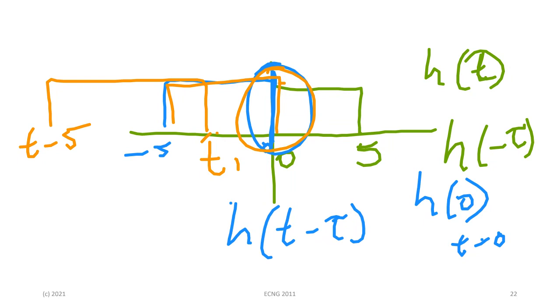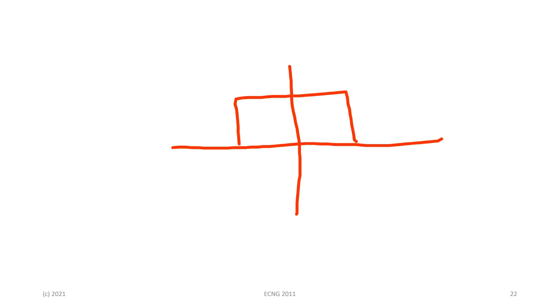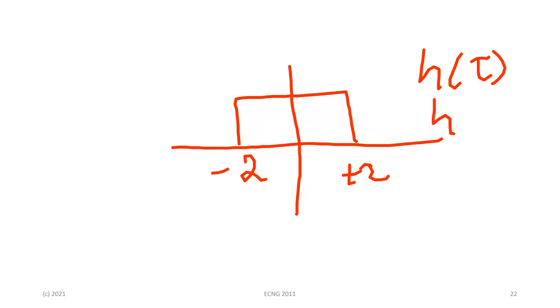So now, if I have h looking like this, so plus 2, sorry, to minus 2. H tau is that. H minus tau is going to be exactly the same thing. Where is h0? H0 is here.